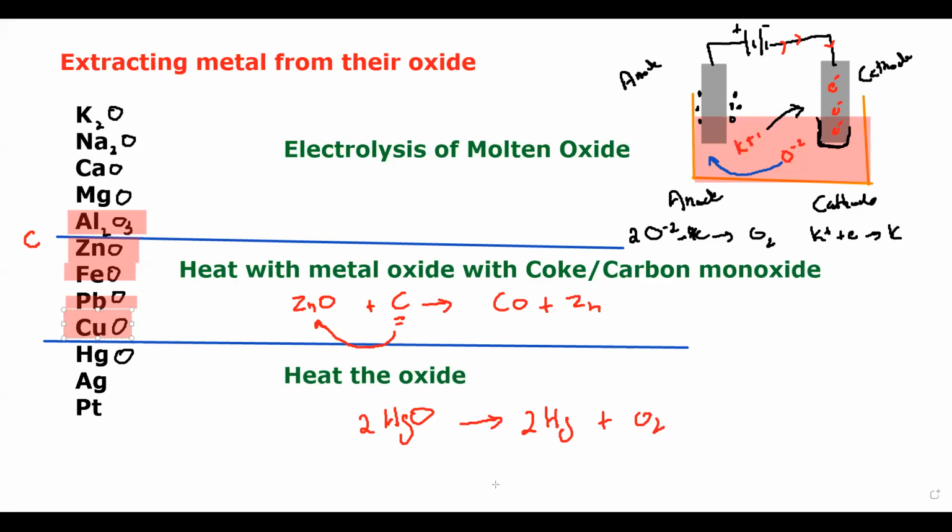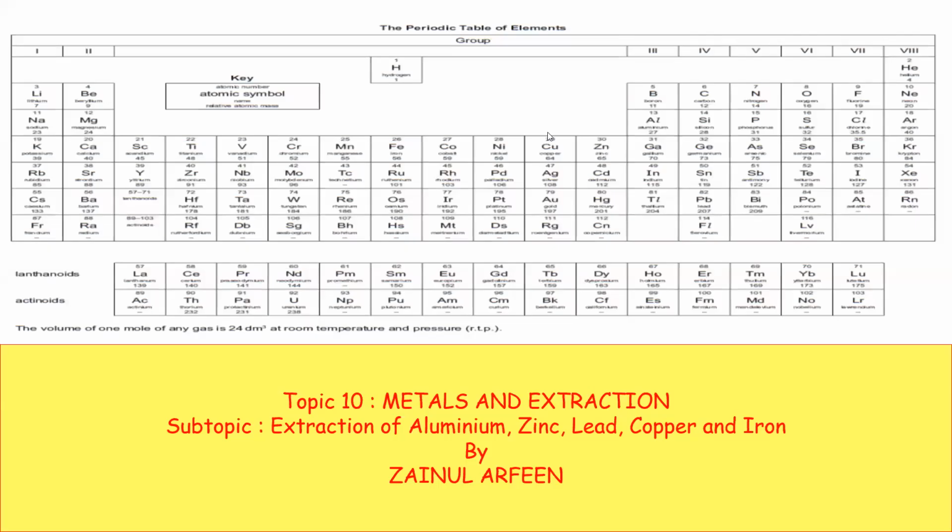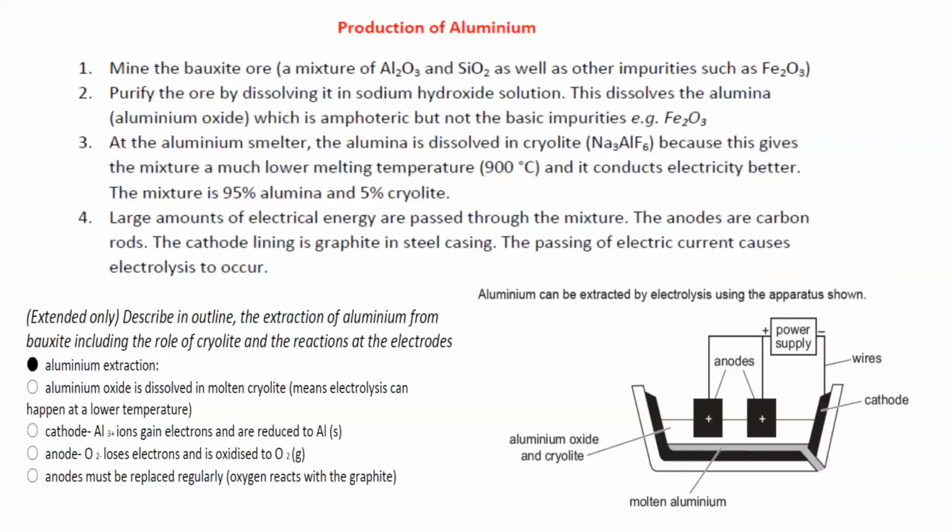So we'll start first with the extraction of aluminium. First thing, how does aluminium exist in nature? Aluminium exists as aluminium oxide, and it also contains silicon oxide, which is known as sand, as well as iron 3 oxide.